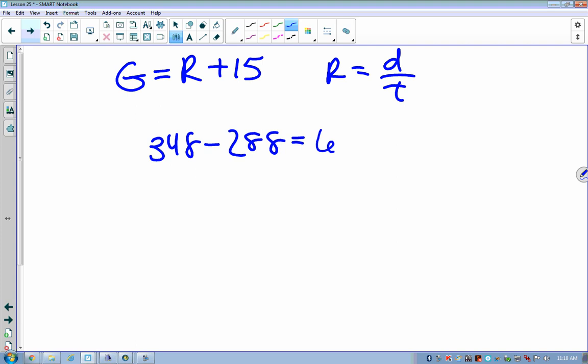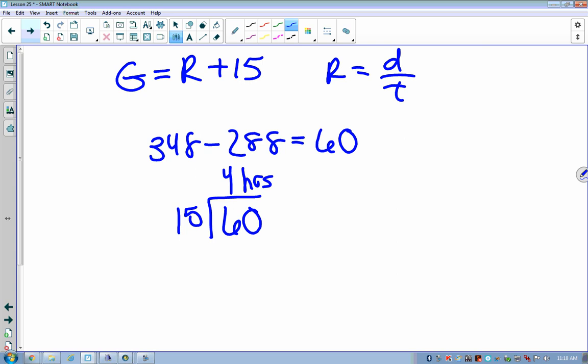There's 60 kilometers between them. Okay? So she drives how many kilometers faster than he does per hour? 15, right? So every hour she gets 15 kilometers further ahead. After this trip is over, she's 60 kilometers ahead. So if we take 60 divided by 15, we find out how long they've been driving for, right? They've been driving for 4 hours.